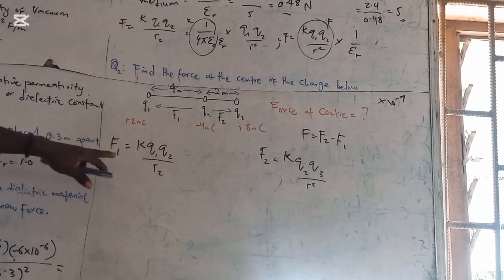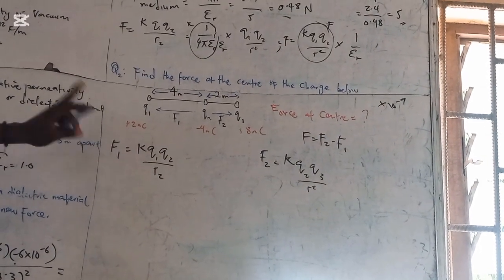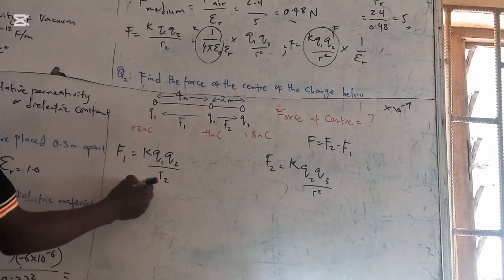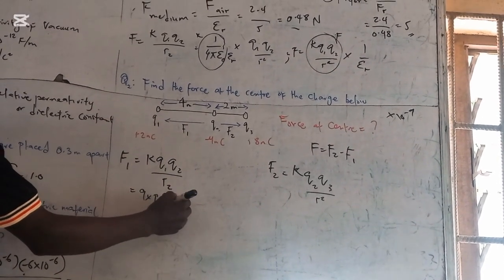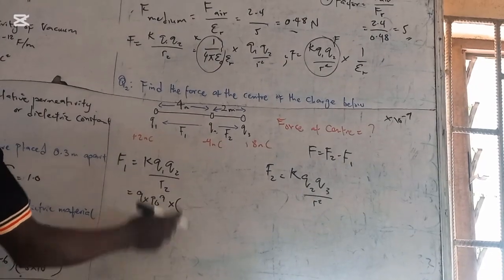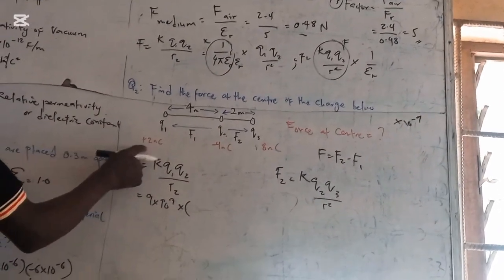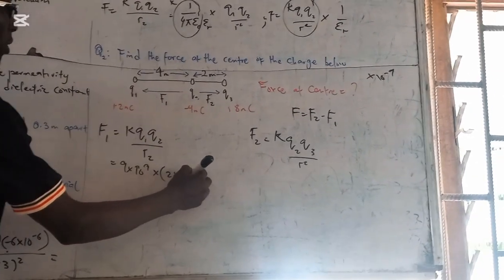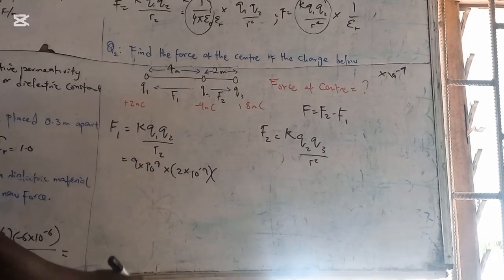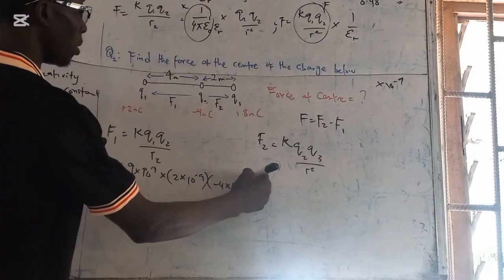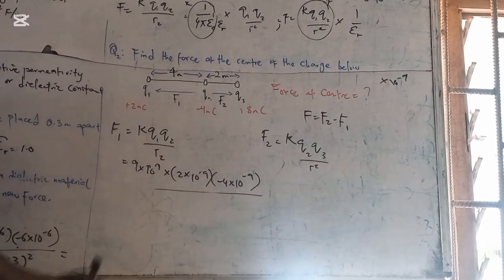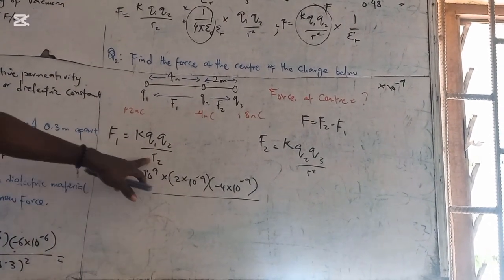That's nano. So when you are dealing with your charges, you have to be very, very conscious of the unit. So you have K, which is 9 times 10 to the power 9, and multiplied by the Q1, which is 2 times 10 to the power minus 9. We have it times minus 4 times 10 to the power minus 9, all over the R squared.